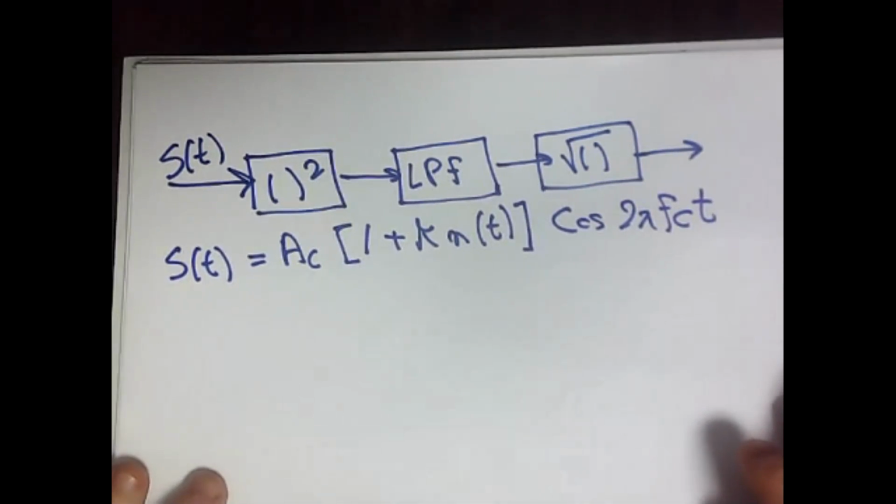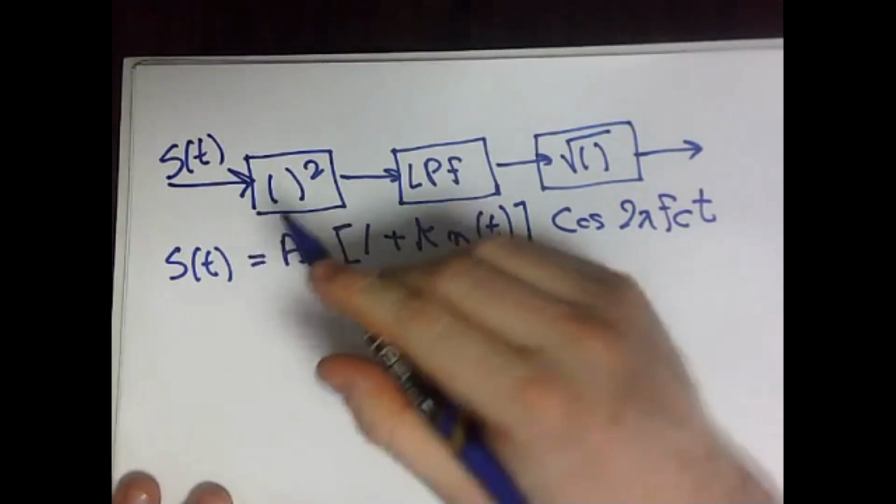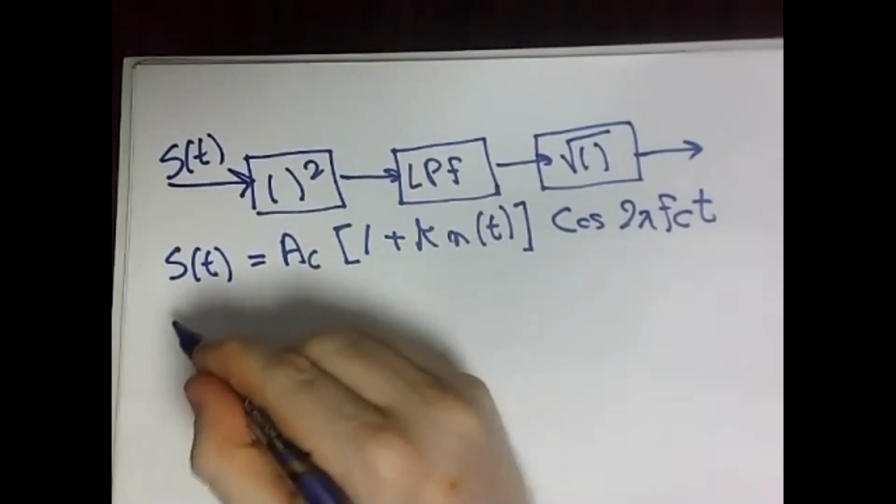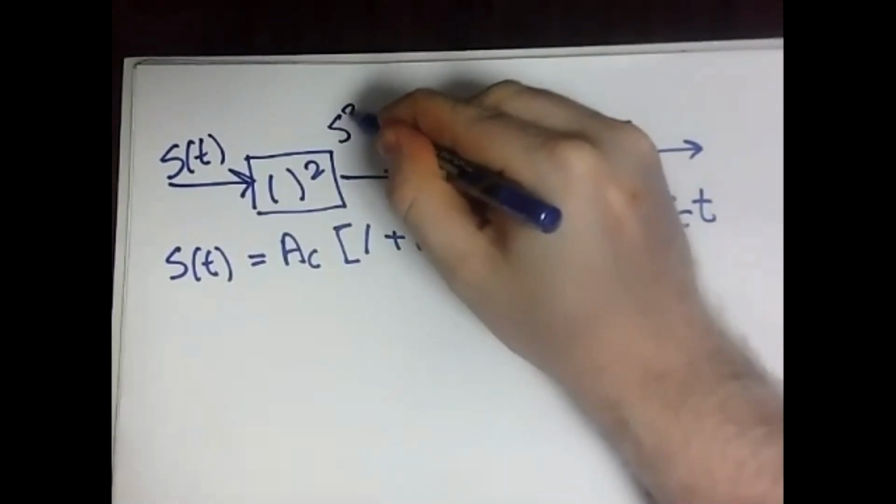Now, as you can see from this block diagram, the first step is simply that you square the signal, or in another way, you multiply the signal by itself. So what we are going to do here is to have s square of t.